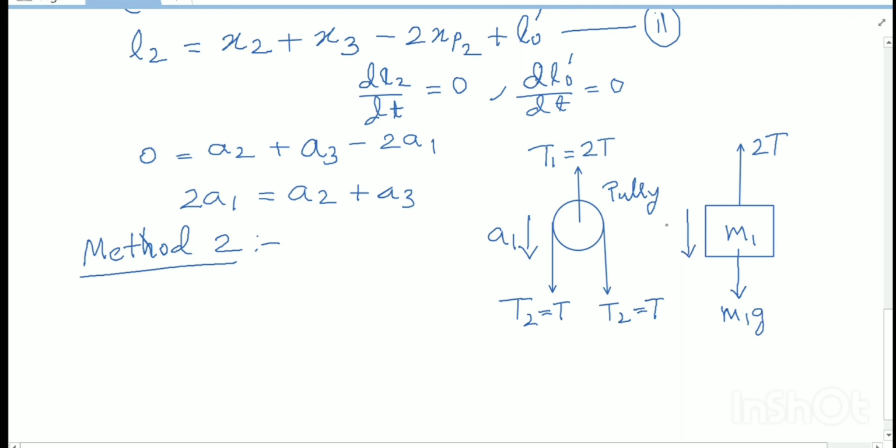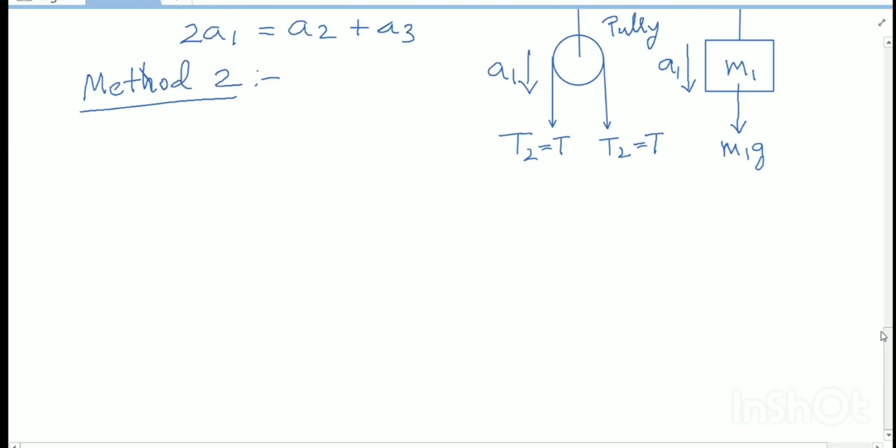Now I draw the free body diagrams for each block: first the pulley, and then the M1 block, M2 block, and M3 block. Please check my total diagram.